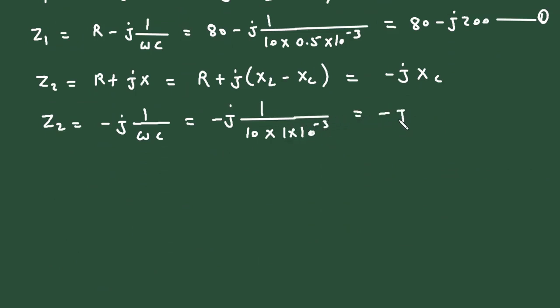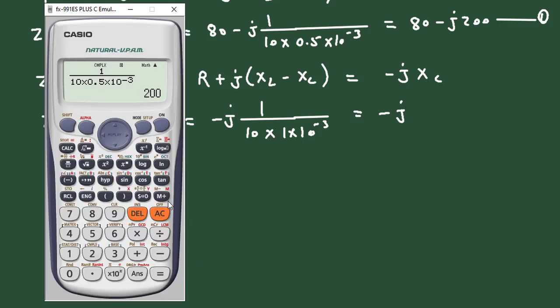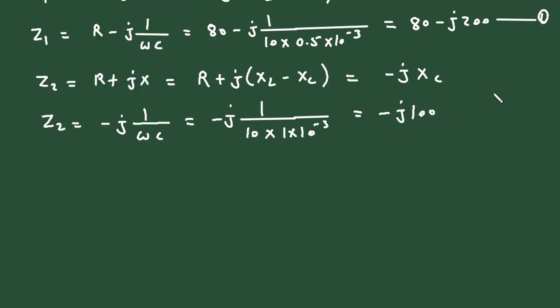So this will be minus j 100. Let's say this is equation number 2.